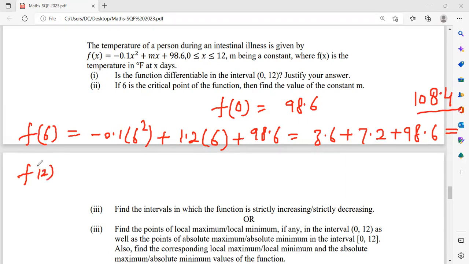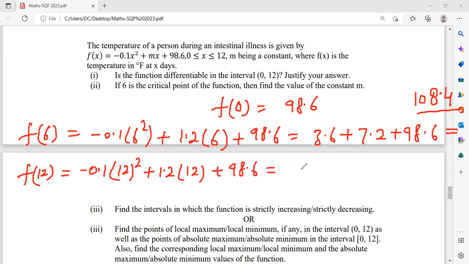Now let me find f of 12 finally. This is minus 0.1 into 12 squared plus 1.2 into 12 plus 98.6. I think we wrote this wrong because the first number was negative, wasn't it? Minus 3.6.